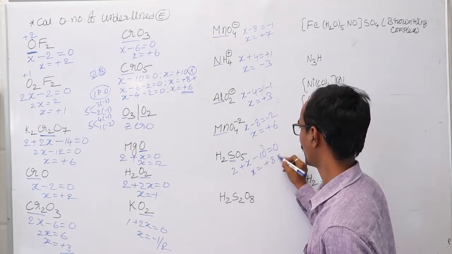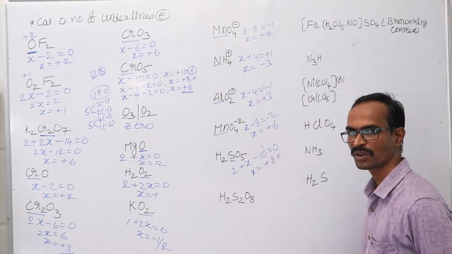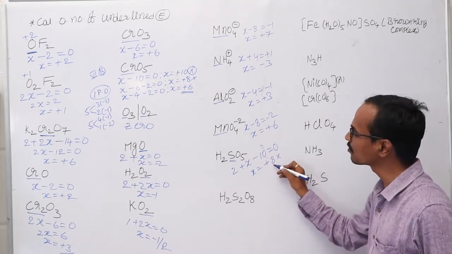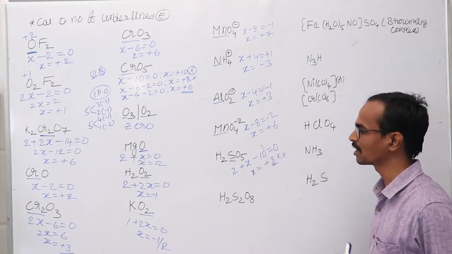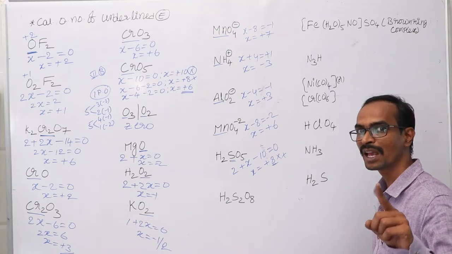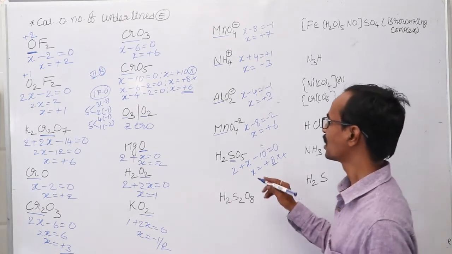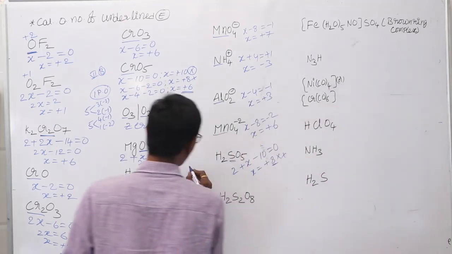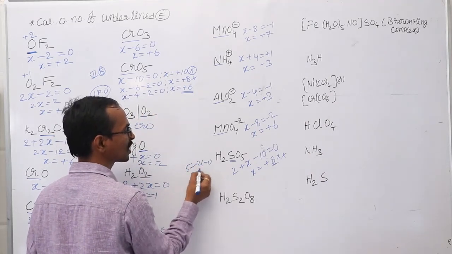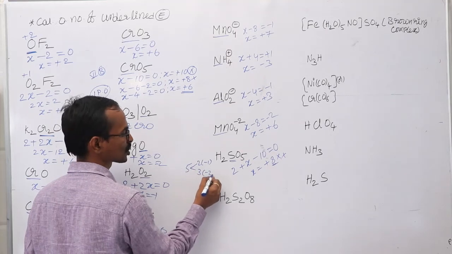It is again wrong because sulfur belongs to the oxygen family. Maximum oxidation number is +6. It is obtained +8. It is wrong. Then what you have to assume? You have to assume a peroxide bond. Then if one peroxide bond is there, out of 5 oxygen atoms, 2 are having -1, 3 are having -2.